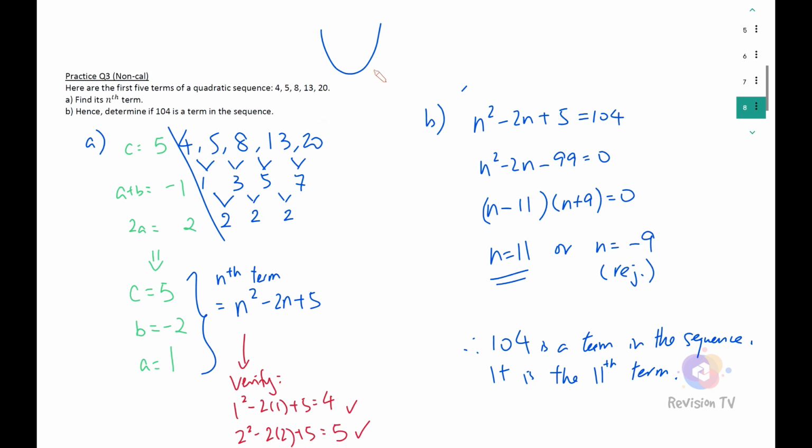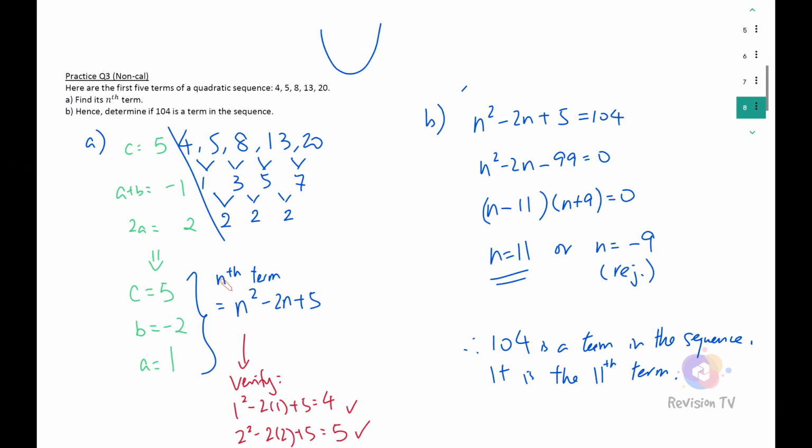So when the value is 5, you could have the value of 5 again because it's a U-shape. So you could have multiple values in the quadratic curve. In the expression n squared minus 2n plus 5, somewhere near 4 is close to the turning point. That's why you have a U-turn of numbers: 5, 4, 5, and then 8, 13.